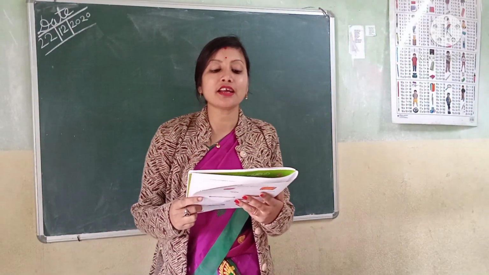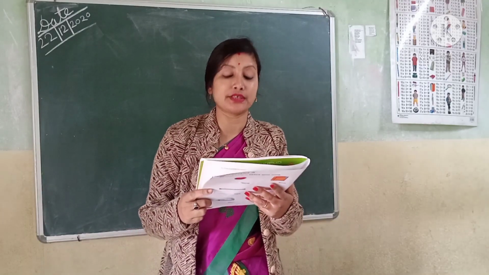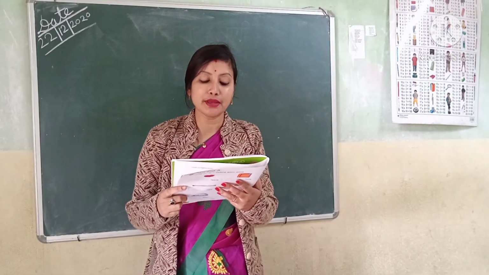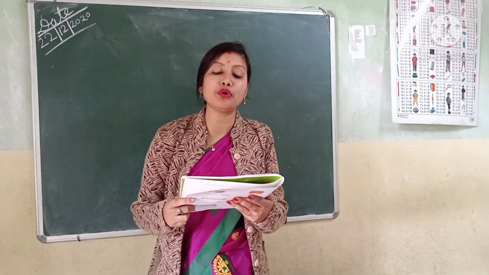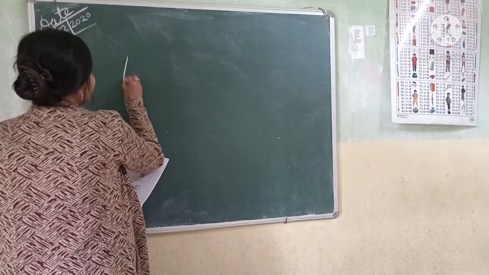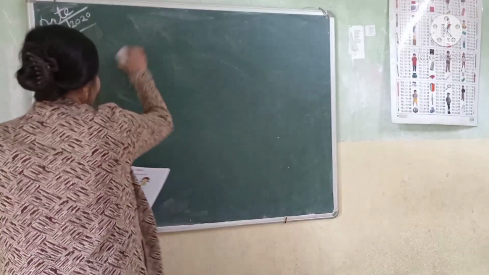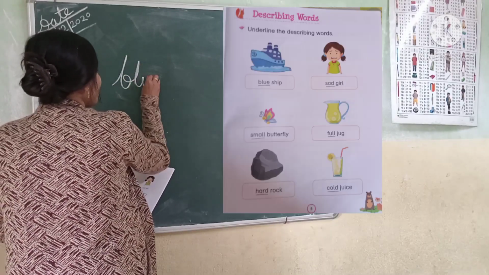So underline the describing word. First one is blue sheep. Blue sheep. The word blue describes the sheep. The sheep is blue. So blue is the describing word.